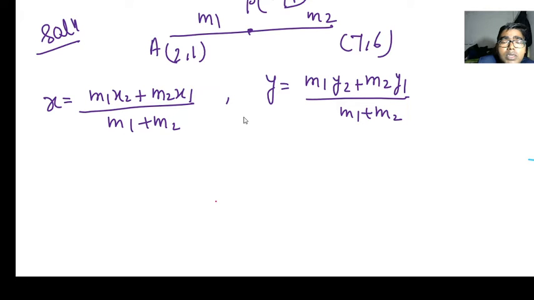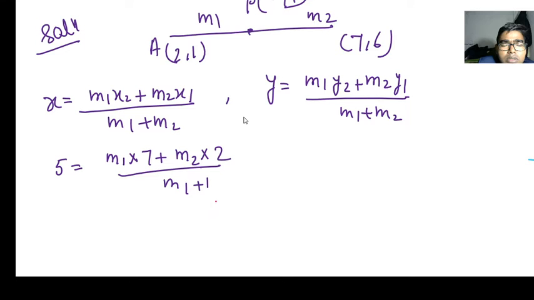Take x: 5 equals m1, which you don't know, times x2, which is 7, plus m2 times x1, which is 2, divided by m1 plus m2.